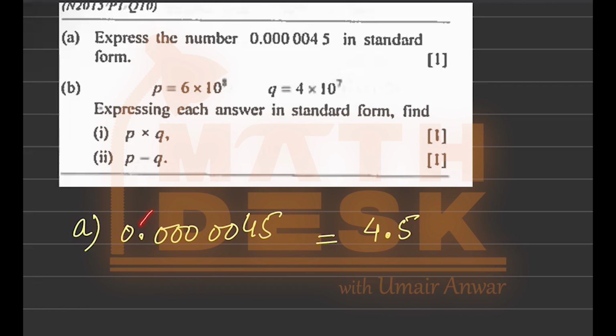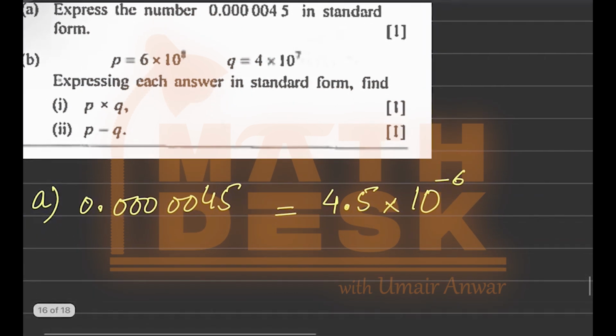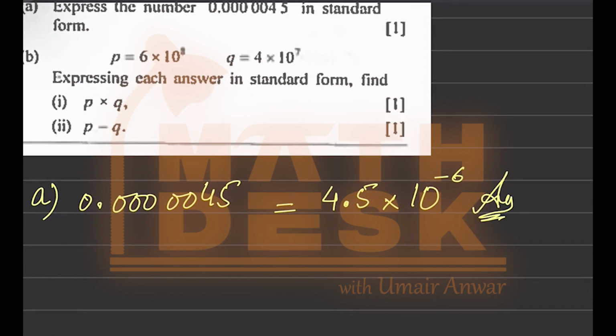It is to be moved 3, 4, 5, 6 digits to the right. And when it is moved 6 digits to the right, the index would be 10 raised to minus 6. Since it is moved to the right, the power should be negative. So this is the standard form of this given number.